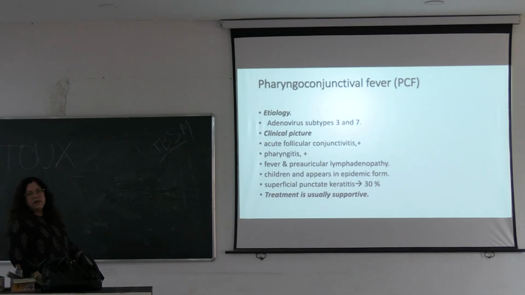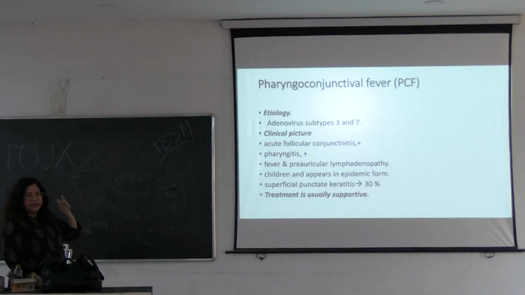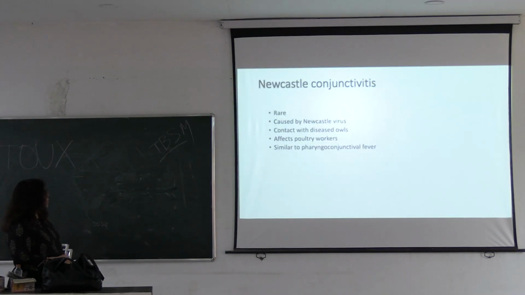Pharyngoconjunctival fever: the signs and symptoms are the same as other types of conjunctivitis, and it is caused by adenovirus subtypes 3 and 7, and in this case pharyngitis is also present. That's why it is called pharyngoconjunctival fever, and the treatment is supportive.